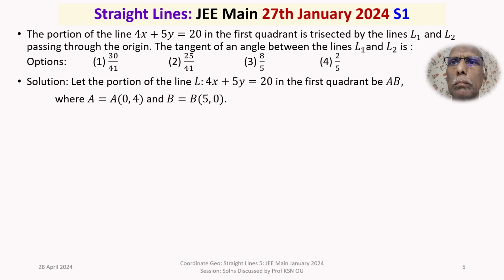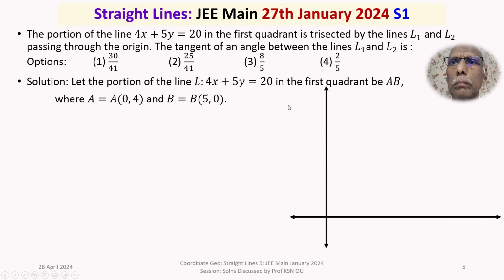So then the point A will have coordinates 0, 4. The B will have the coordinates 5, 0.